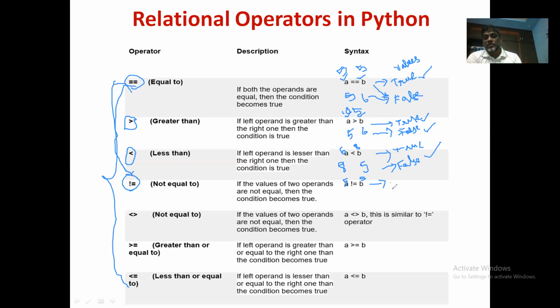Why so? The question is, A not equal to B? No, they are equal. Therefore, it returns false. If A is 5 and B is some other value, let us say 3, then the question will be, is 5 not equal to 3? Yes, the answer is true now.